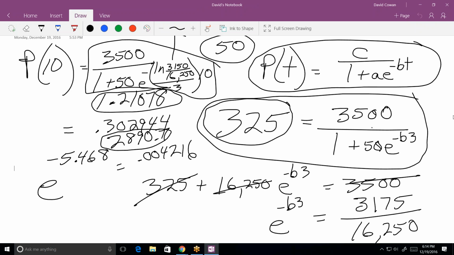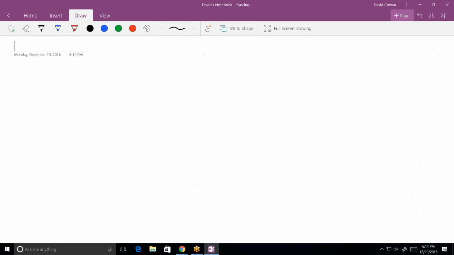And then once you've solved for that, then it becomes completely a function of time only. Good to go on that problem? Yeah. All right. Actually, that should do it.